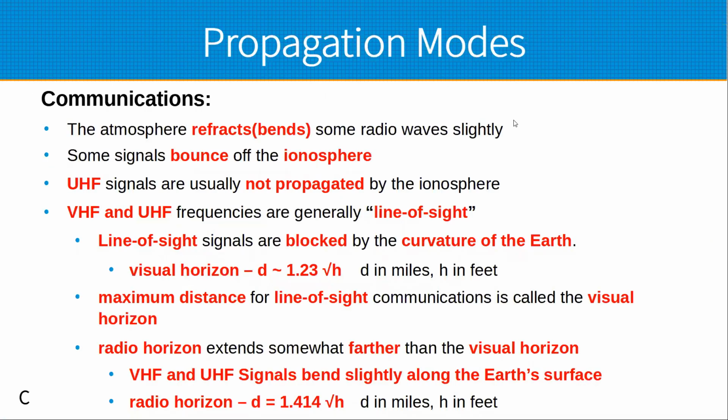Okay, propagation modes. This is fun stuff. Hopefully you know more about it than I do, Ernie. A little bit. The atmosphere can refract or bend radio waves depending on the angle and the frequency and solar conditions, how much ionization there is, which is oxygen atoms in the upper atmosphere.